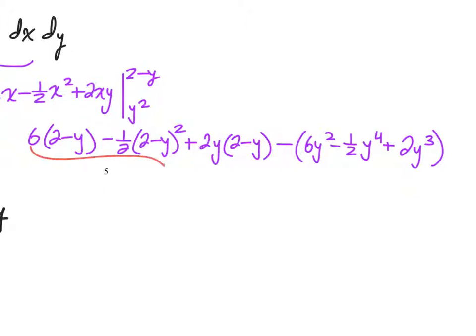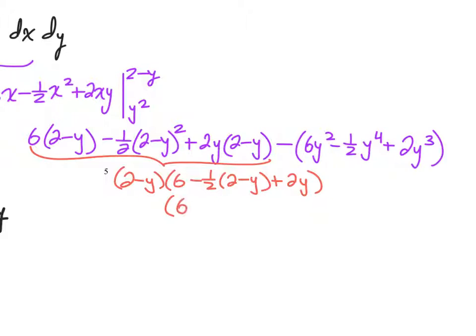So for this piece here, I'm going to pull out a 2 minus y. It's going to give me 6 minus 1/2 times (2 minus y) plus 2y. 6 minus 1 plus 1/2 y plus 2y.